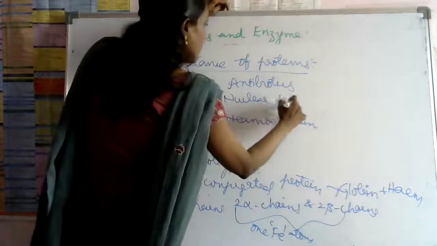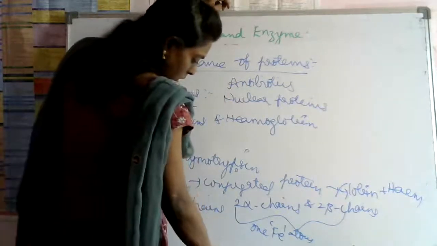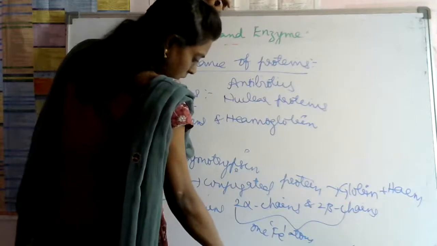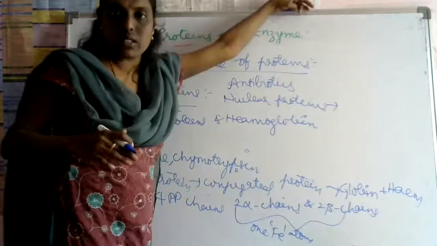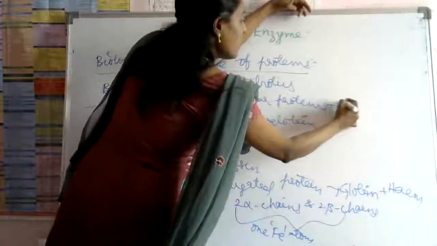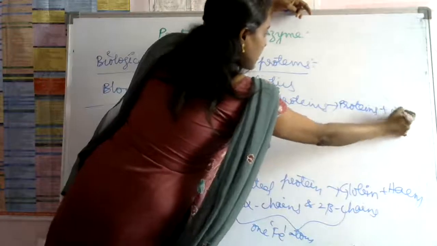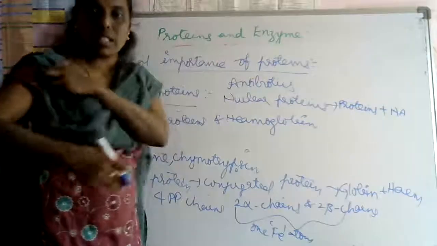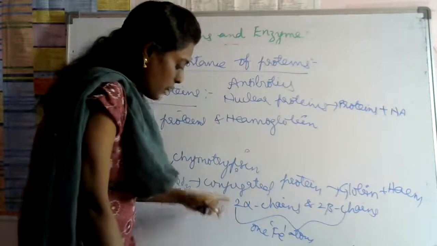These are conjugated proteins. Nucleic acids, you know very well now. Here is a combination of proteins and nucleic acids, whether DNA or RNA. Then it is called nuclear proteins.